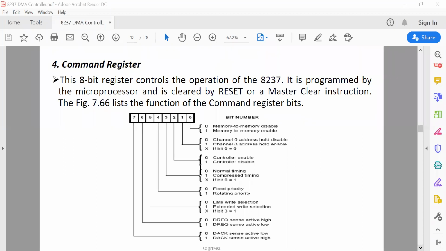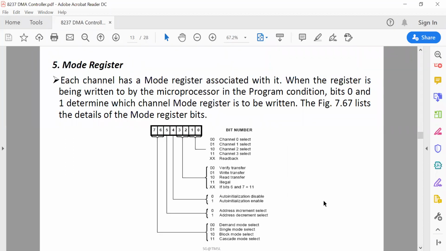The next is the mode register. Each of the DMA channels has an 8-bit mode register. This is written by the microprocessor in program mode. Bits 0 and 1 determine which of the 4 channels' mode registers is to be written.